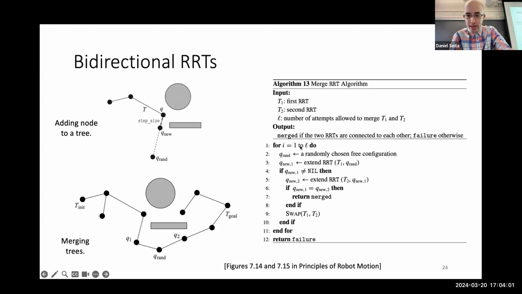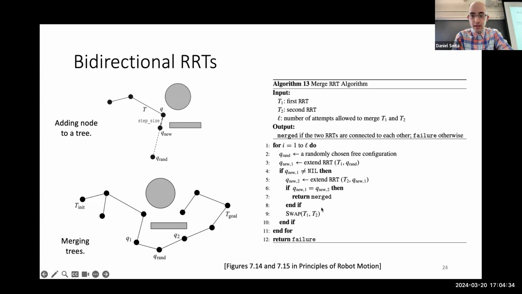Yeah, so I think what they do is, the algorithm will choose a randomly chosen free configuration. It'll try to extend the first tree. If it's not nil, that means it could expand. Then you try the second tree, so that's T2. But you try to extend this.